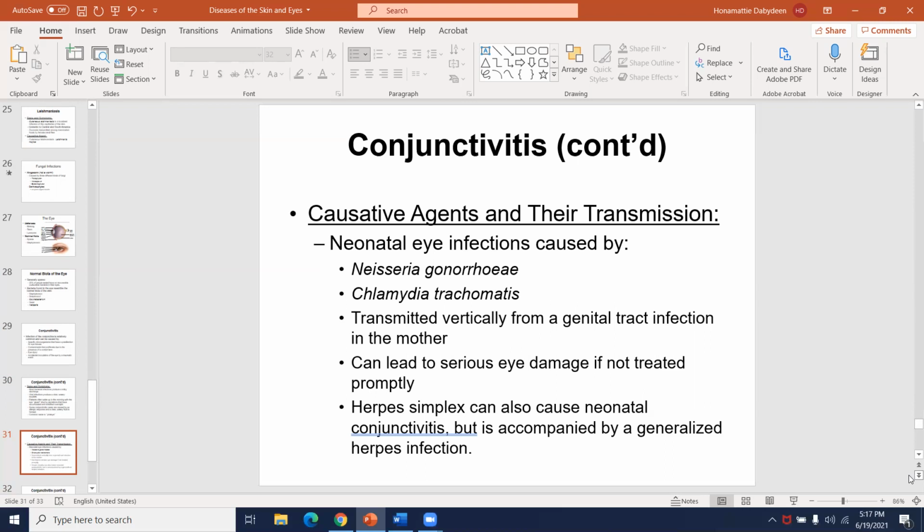For those of you who don't know, every baby that is born in the United States, I think the law is you have to clean that baby's eyes up with some kind of an antimicrobic substance. For the longest time, they used to wash the baby's eyes with silver nitrate solution.